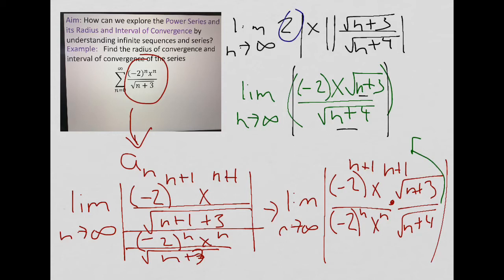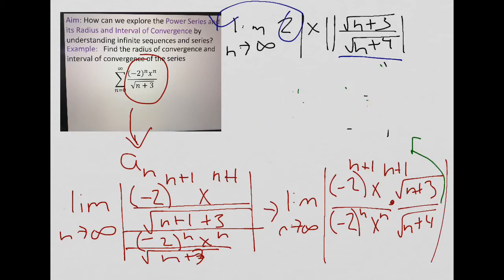The constant can be pulled out in front, and we can also take the limit of this factor, and the limit of this is going to be 1: you've got n to the 1/2 power over n to the 1/2 power. So we end up getting 2 times the limit of 1 times the absolute value of x as n approaches infinity.